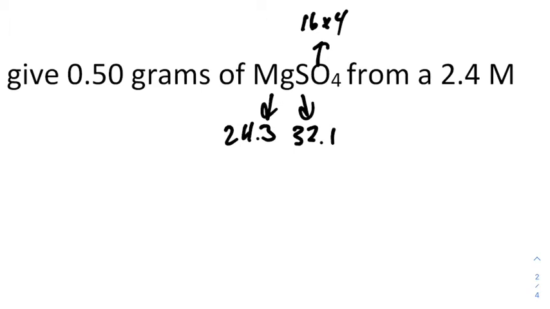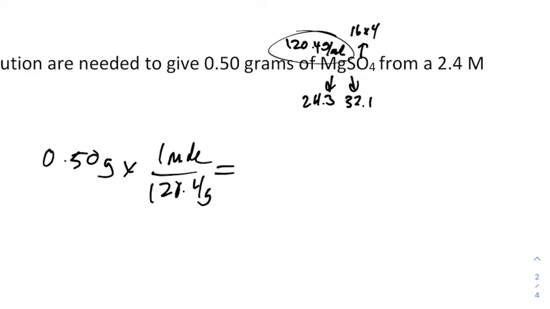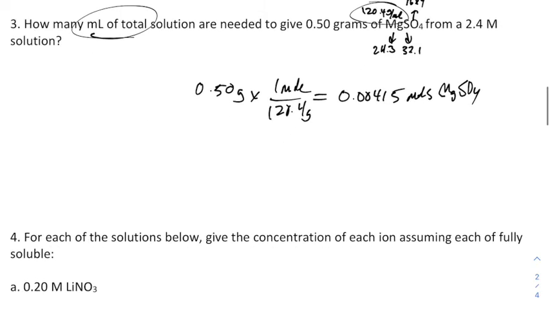Add all of that up, and I'm getting about 120.4 grams per mole. So I've got my 0.50 grams at 1 mole per 120.4 grams, and that turns out to be about 0.00415 moles of my magnesium sulfate. Now I'm good to go.